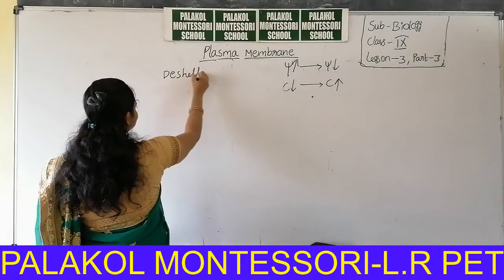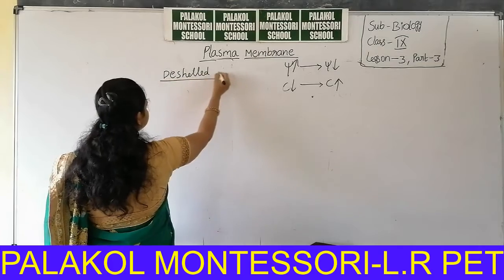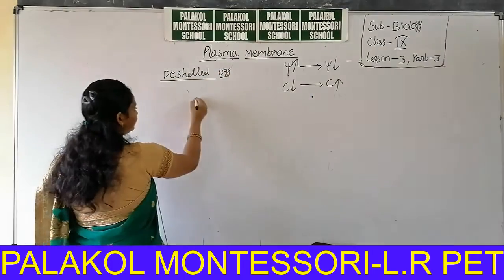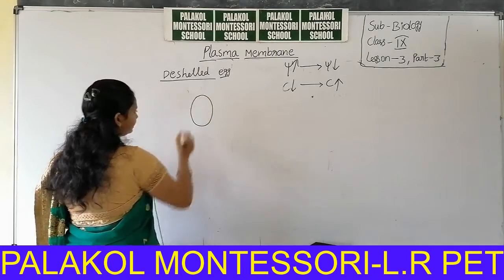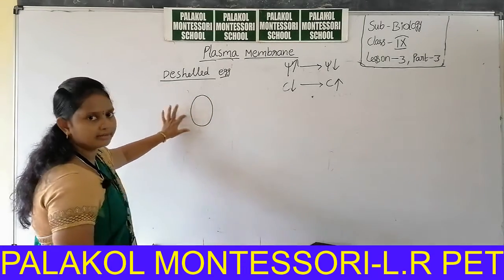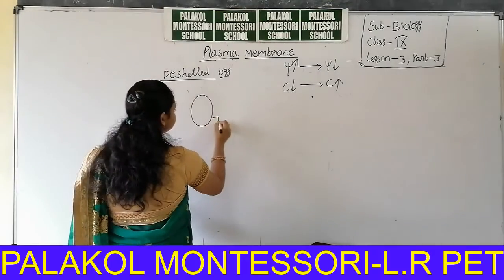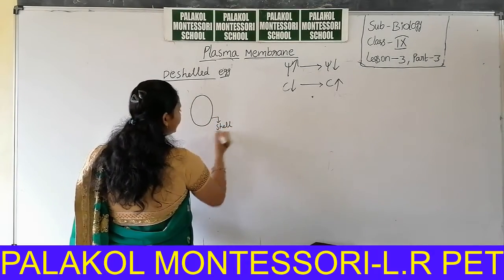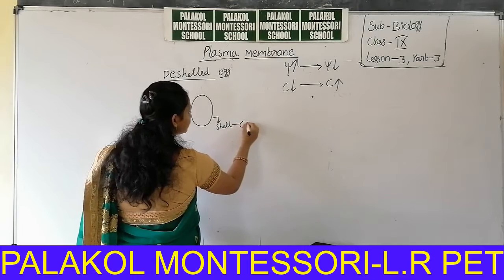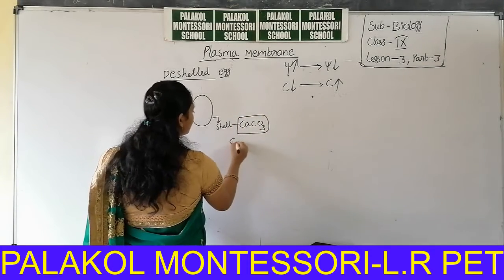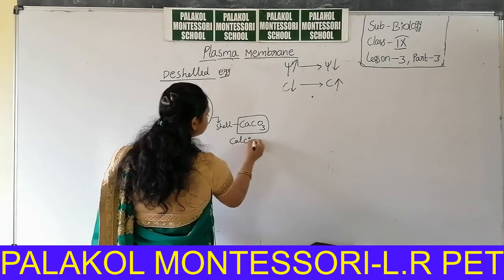What is meant by a de-shelled egg? It is the egg having a hard shell. This shell is composed of CaCO3, calcium carbonate.